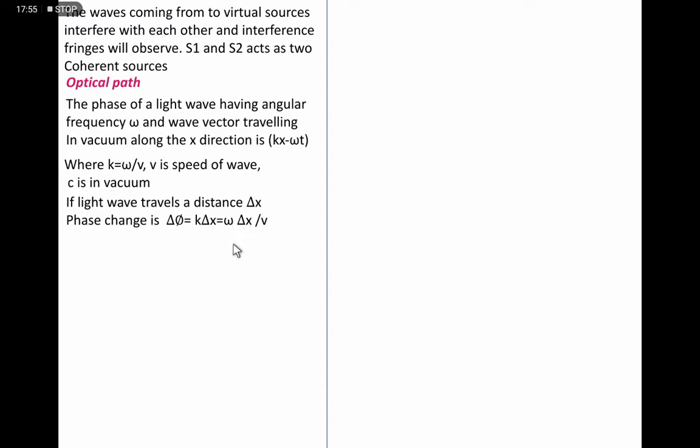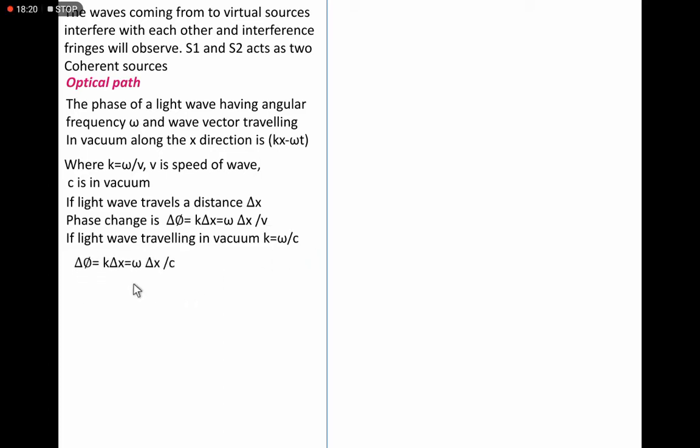Therefore our equation is omega delta x by v. If the wave travels in vacuum, then the velocity, instead of v, we'll write c.